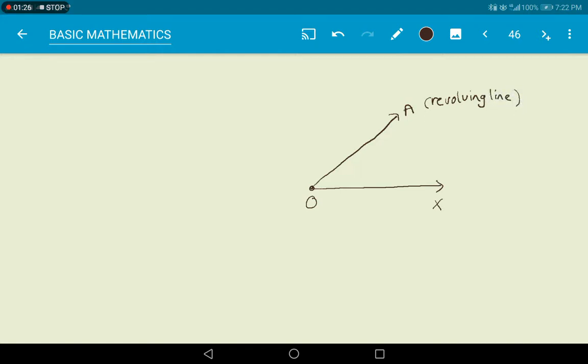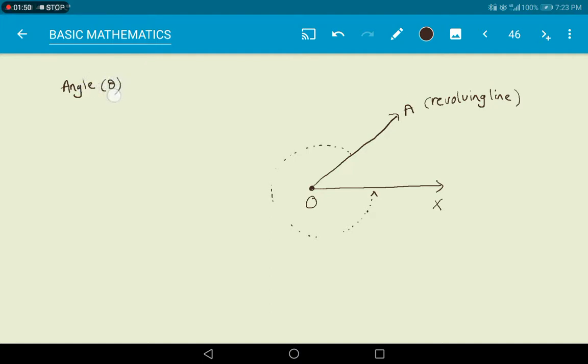As the revolving line revolves about a point O, whatever revolution of the line we measure with respect to point O is called the angle.